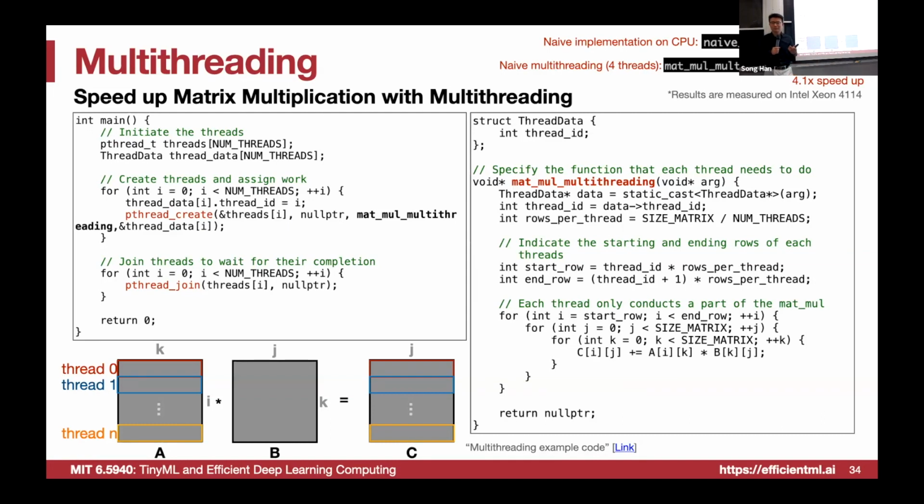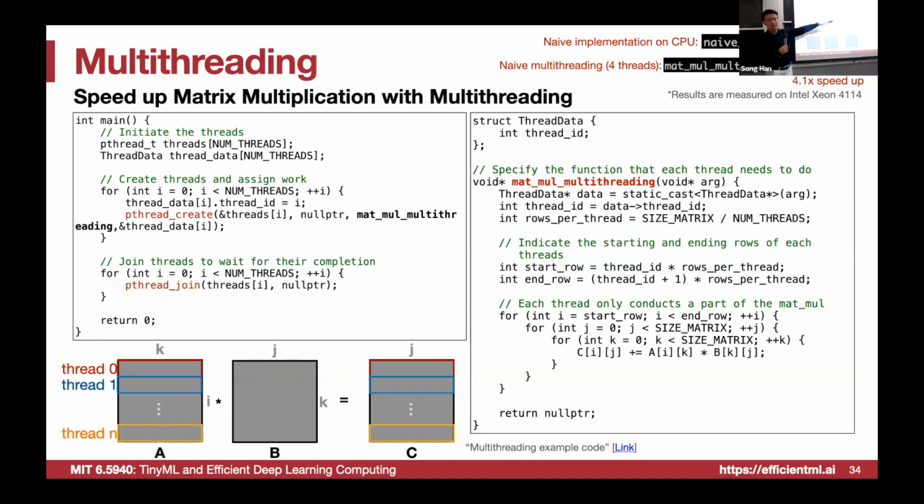No, that's exactly what we want, to reduce the communication between the threads and make their workloads as independent as possible. Thread 1 works on this blue part of the input, multiplied with the entire B matrix, and we get a blue part of this output. There's no interaction between the input and output for thread 0 and thread 1, which is a good case.